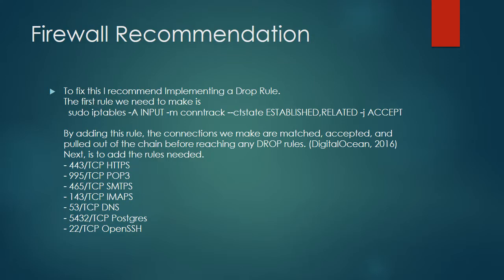Next would be to add the rules needed and their respective ports, encrypted ports: 443 TCP HTTPS, 995 TCP POP3, 465 TCP SMTPS, 143 TCP IMAPS, 53 TCP DNS, 5432 TCP Postgres, 22 TCP OpenSSH.